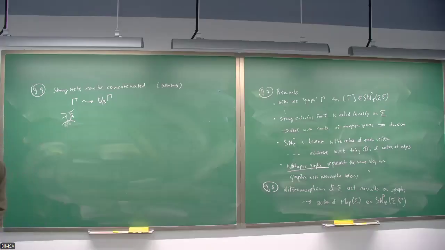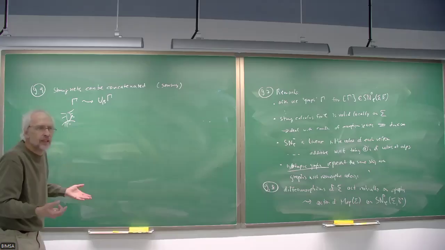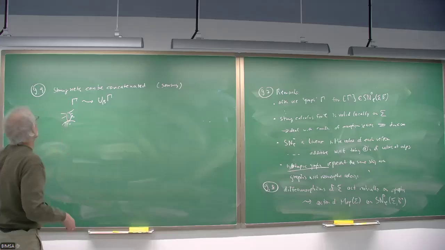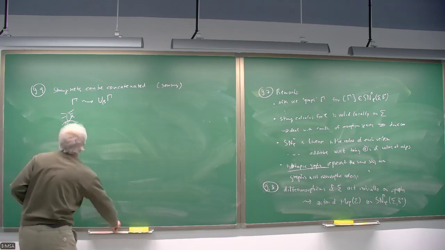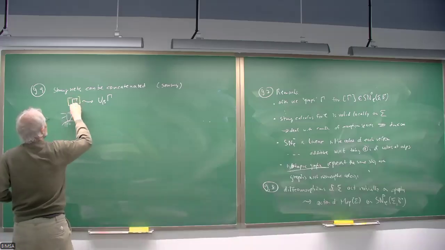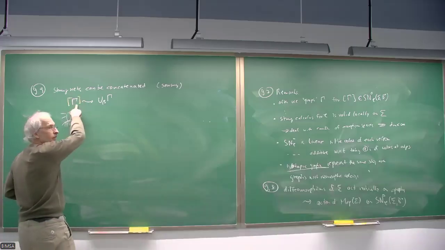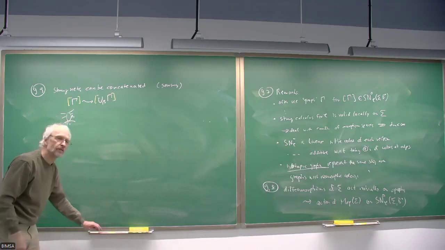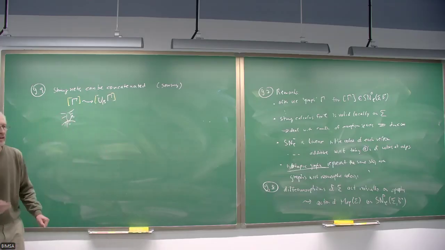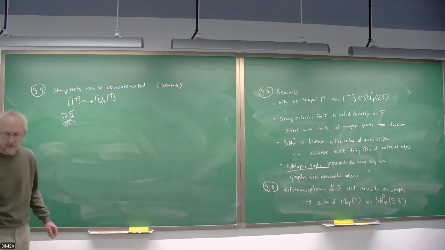And this I can do for graphs in the first place, but clearly this lifts to string nets. So if I take a given string net, take a representative graph with the prescription, and then take the string net, the result will not depend on the representative graph I have chosen.